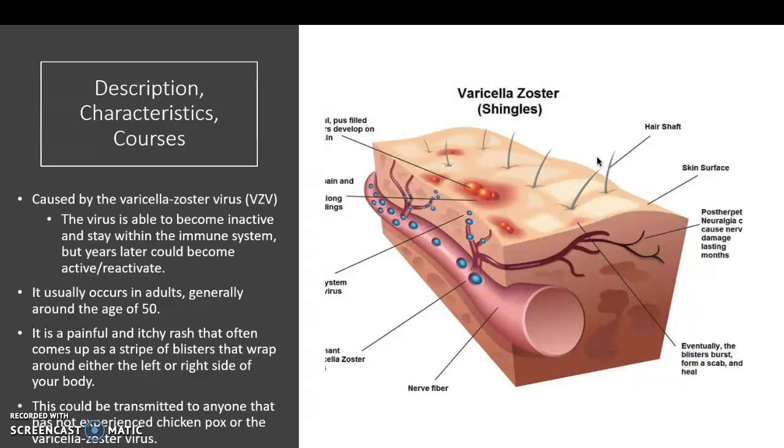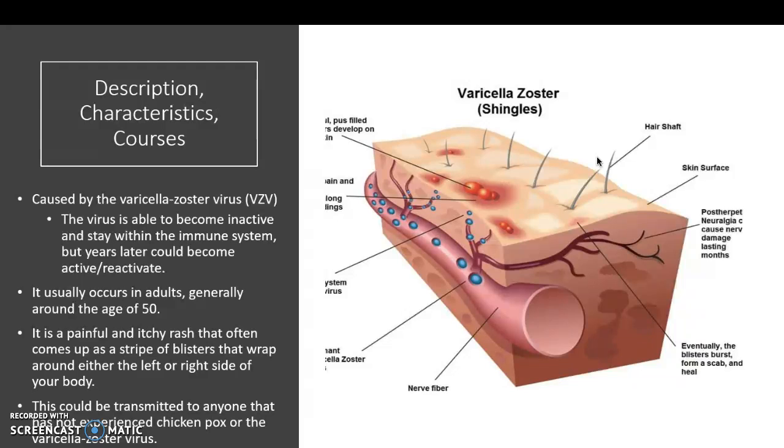There is no simple cause that explains why the virus reactivates itself, and it usually occurs in adults, generally around the age of 50 and above. It is a painful and itchy rash that often comes up as a stripe of blisters that wrap around either the left or right side of your body.